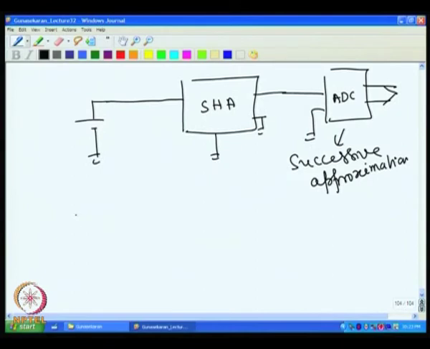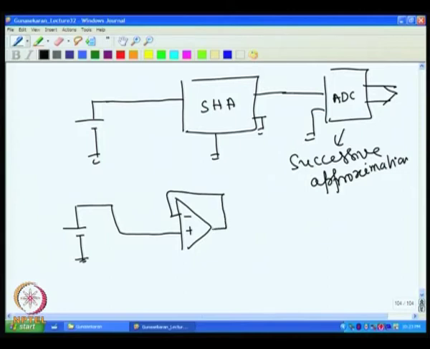If we see the detailed circuit, you have an input voltage that is given through an amplifier. We want to charge a capacitor, so one possible circuit is to have a very small capacitor connected here and then put at the output. We will have, for example, a switch here.